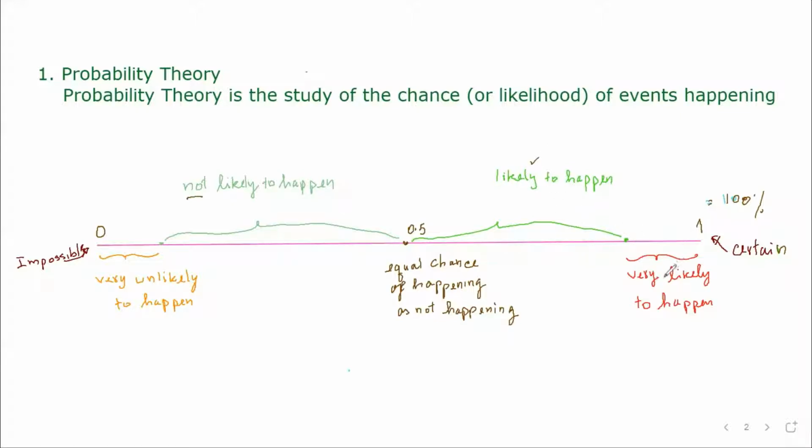And this section, the red one, is very likely to happen, really close to 1 or 100%. So there is a much greater chance of it happening. And when you are close to 0% or impossible on the left-hand side, in this section of the graph, we call it really unlikely to happen. Okay, this is an explanation for probability theory, the study of the chance, or sometimes we call it the likelihood, of events happening.